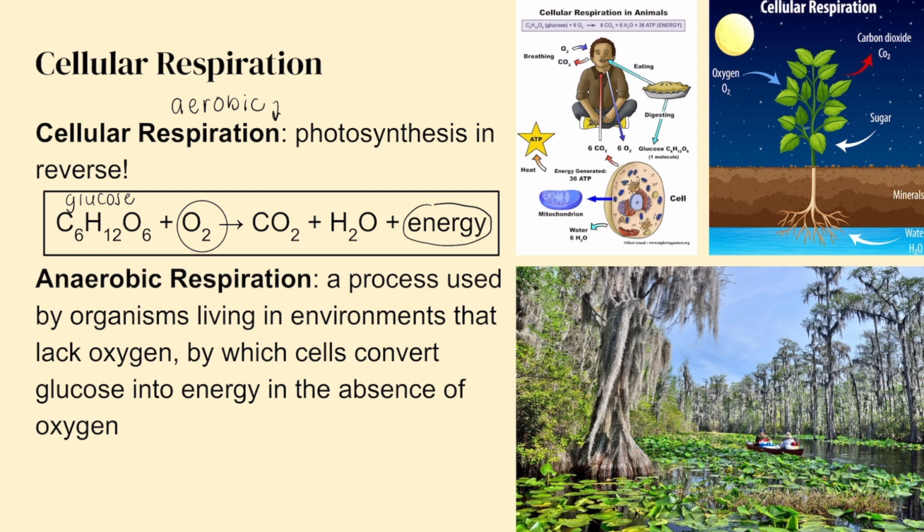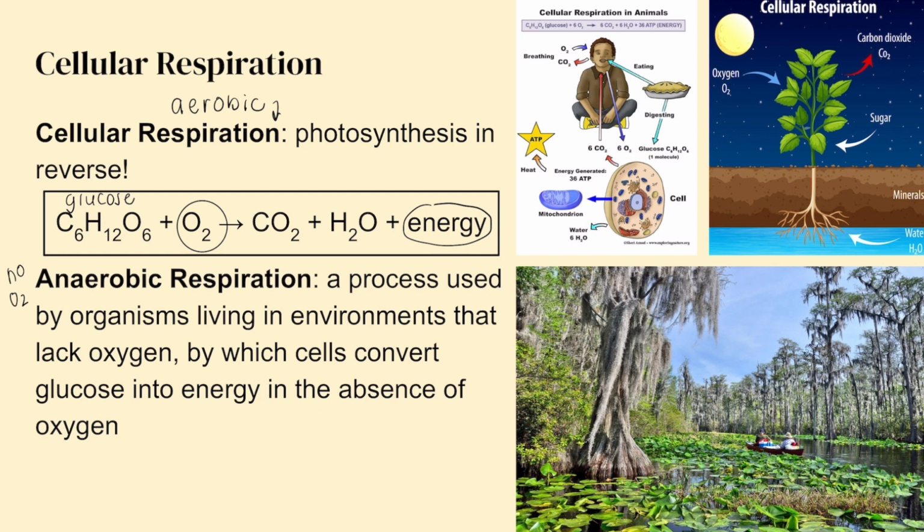So some organisms do not do aerobic respiration. They actually do anaerobic respiration, which means it's done without oxygen, or there's a lack of oxygen. Oxygen is not required. So this is done by organisms that live in environments that lack oxygen. These organisms are often bacteria, and it's often done in environments like swamps that don't have much oxygen because the soils are kind of waterlogged.